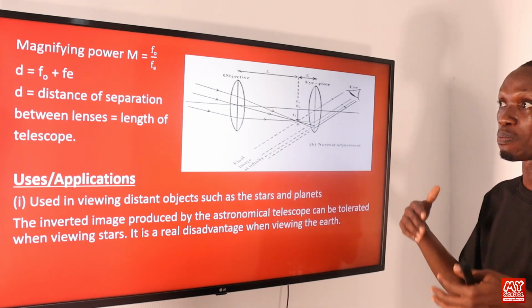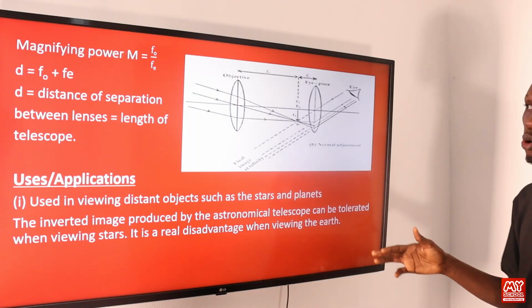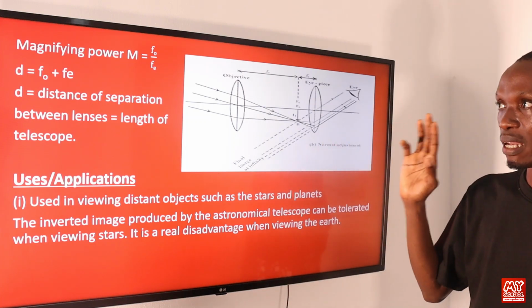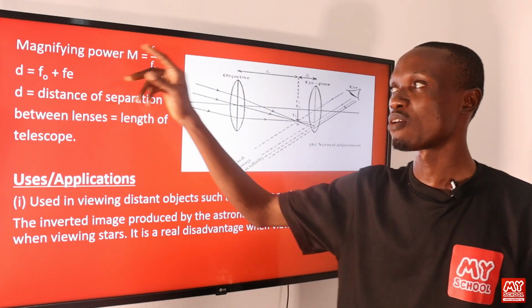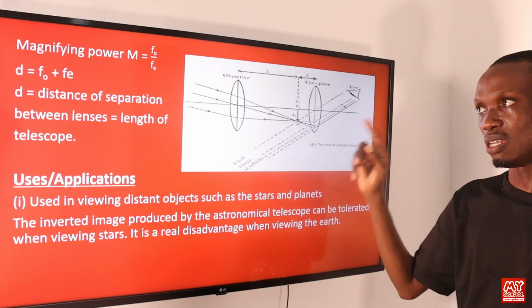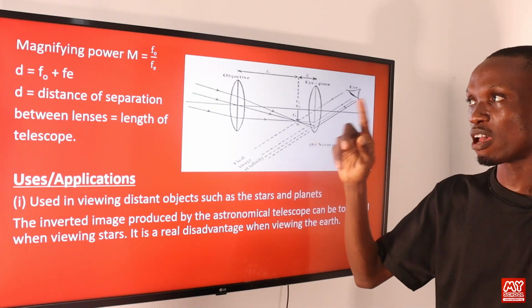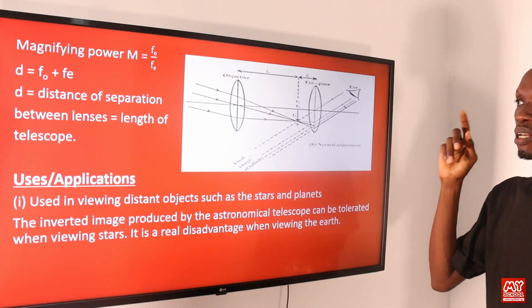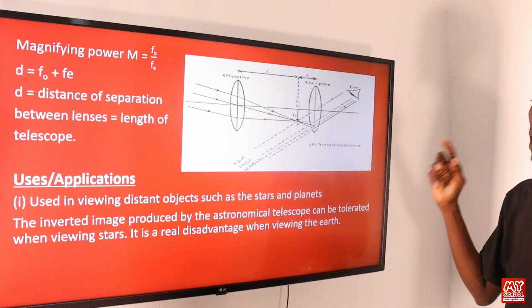Sometimes we can be asked to calculate it. So the length of the telescope, or the distance of separation between the two lenses, is given as d equals f0 plus fe. Take note of this, where f0 is the principal focus of the objective lens, plus fe, the principal focus of the eyepiece.